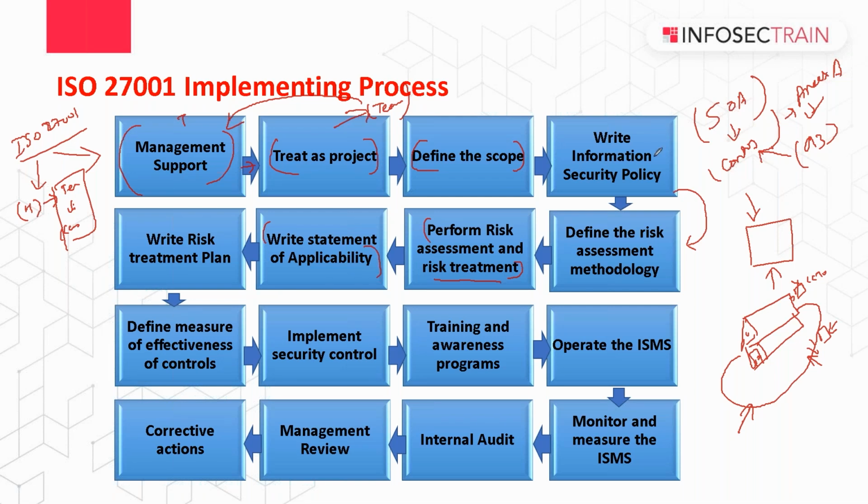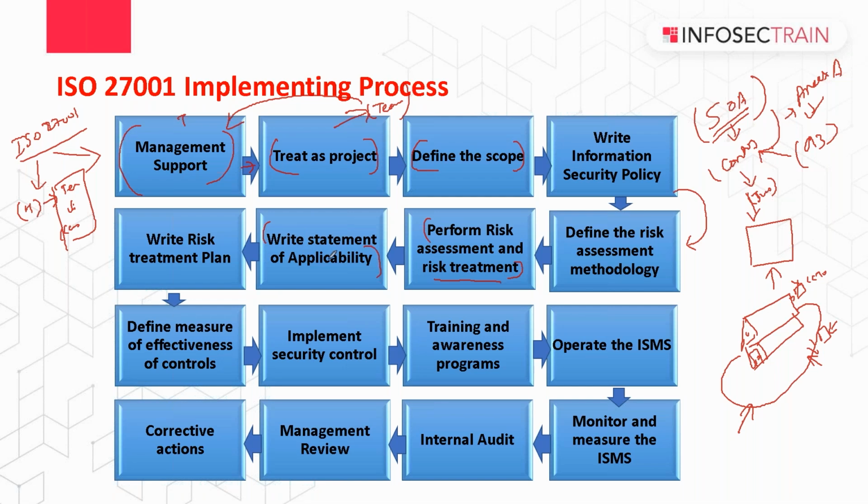Now, which controls are you going to add in this organization? Make sure you give a justification. If you are excluding any control, provide a justification for that as well. If I'm adding a control, I provide a justification for why I'm adding it. If I'm removing any control, I also provide a justification. That justification will be available in your statement of applicability.